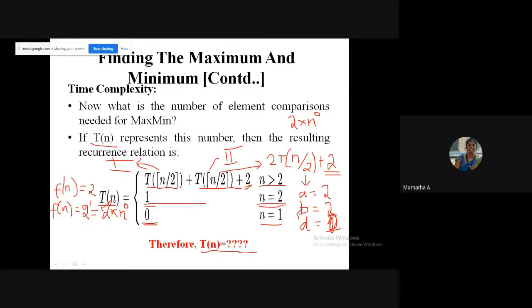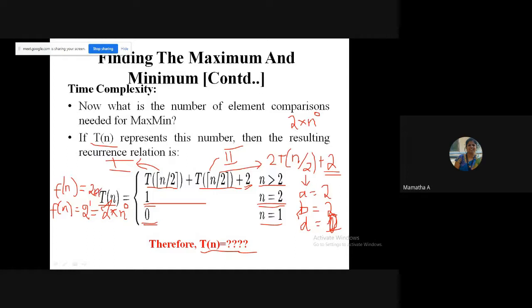So what is the power of n here? D is 0, ma'am. For example, if this was 2n, then how do you write? 2 into n to the power 1, then D becomes 1. In that case, this will work.